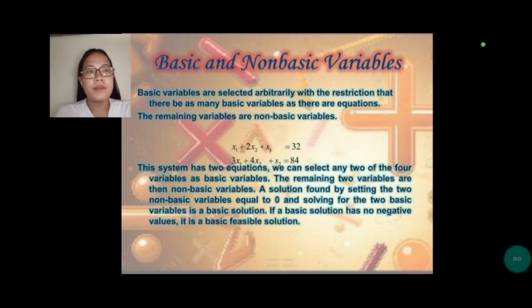So, the remaining two variables are non-basic variables. A solution is found by setting the two non-basic variables equal to 0 and solving for the two basic variables. This is a basic solution. If a basic solution has no negative values, it is a basic feasible solution.